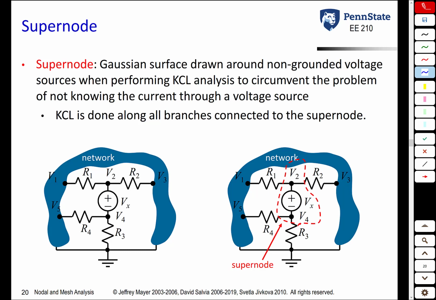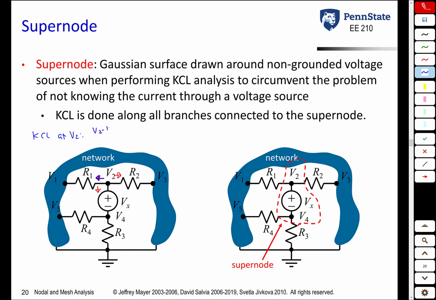So for example, if you look at the circuit on the left here, and I have a lot of the circuit just as a blue blob, but let's say we want to try to write a KCL equation at node V2. So KCL at V2, once again, the current to the left, pretty simple.